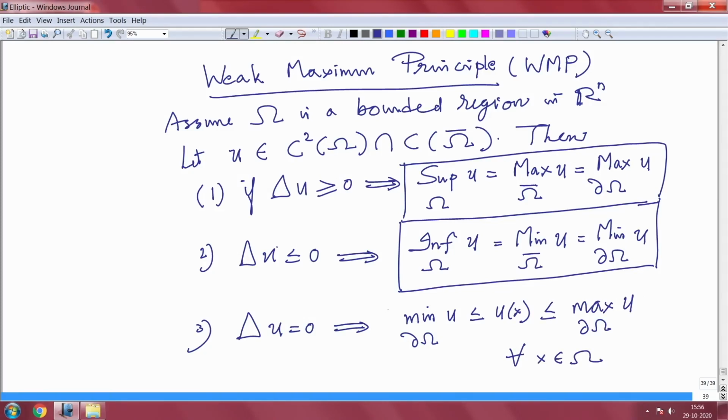So, you see the power of the maximum principle: you have a pointwise estimate. If you have a harmonic function, you can estimate it by its boundary values, and in a PDE the boundary values are given to you. So even if you cannot solve the equation, that immediately gives you a lower bound and an upper bound for the solution.